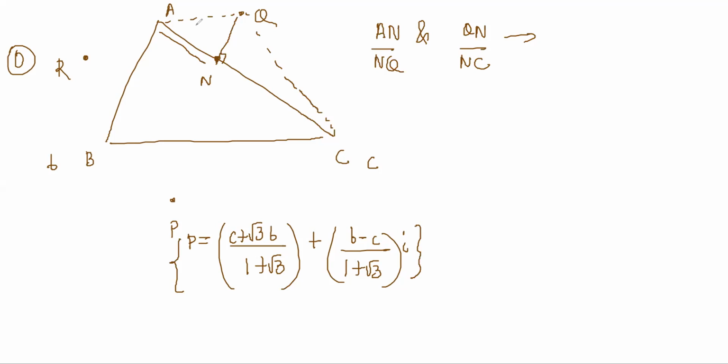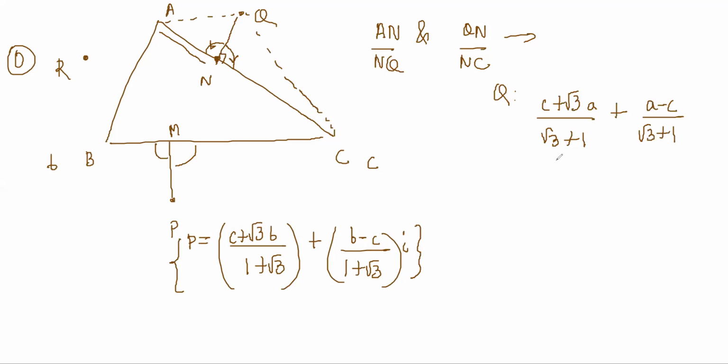And then keep writing the complex numbers in terms of these, the way we did the previous one. We did MB, we did this ratio and this ratio, this by this and this by this, right? You understand? And we found P from here. So similarly, you can find Q to be equal to (C plus √3A) by (√3 plus 1) plus (A minus C) by (√3 plus 1) into i, in the same exact way, which you can try later and verify with this answer, right?